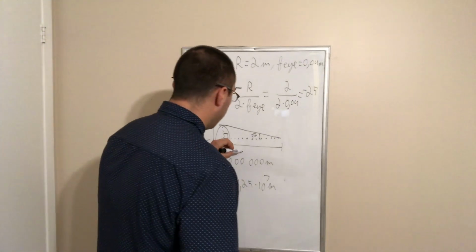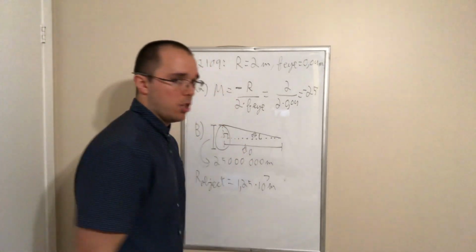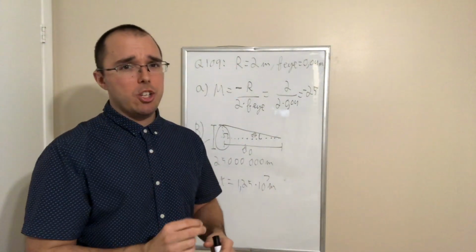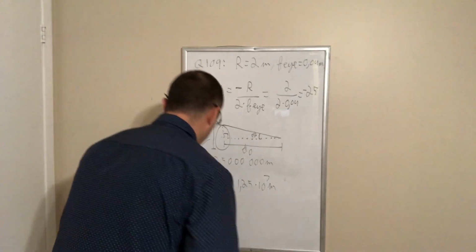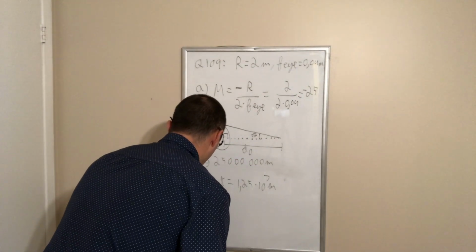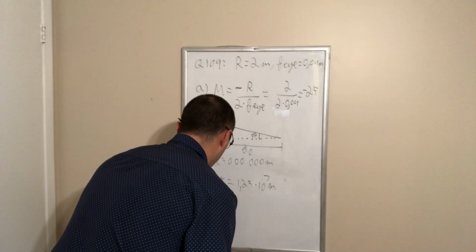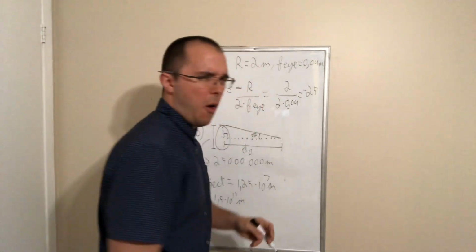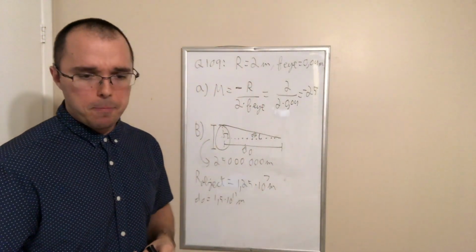Now, this value over here is the distance of the object. It's not specified in the question, but we're talking about the sun. And the sun, so DO is equal to 1.5 multiplied by 10 to the power 11 meter. So a very big distance away.